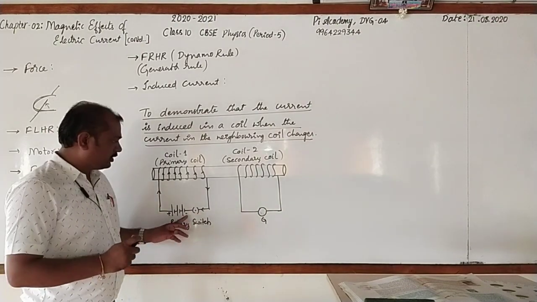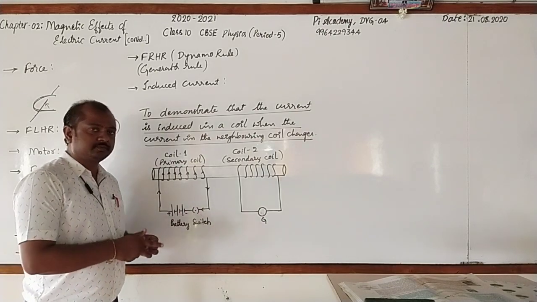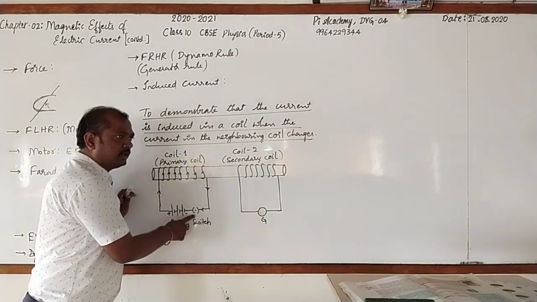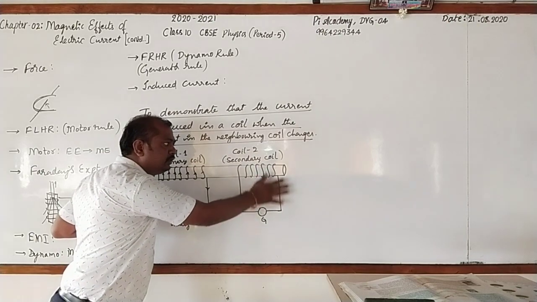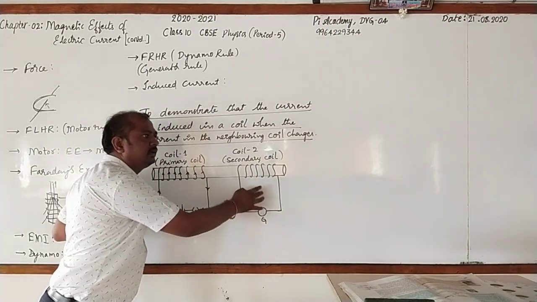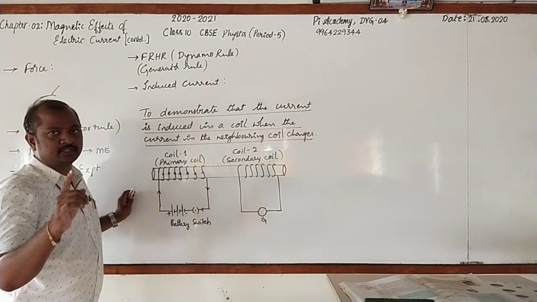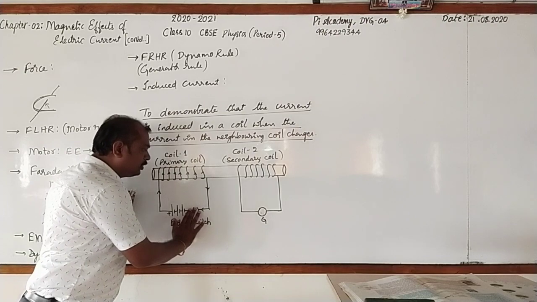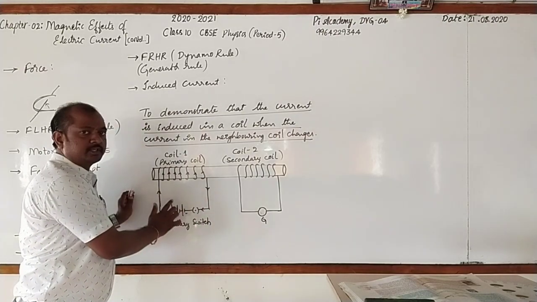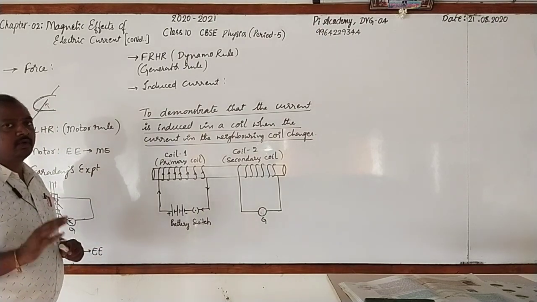Clear? Please do remember, when all of a sudden current is passed in the first coil, then current is induced in the second coil. When it is removed, again current is induced in this coil, but in the opposite direction. When no current is flowing in the first coil, here also no current is induced. Understood?